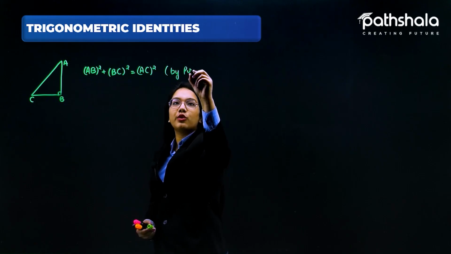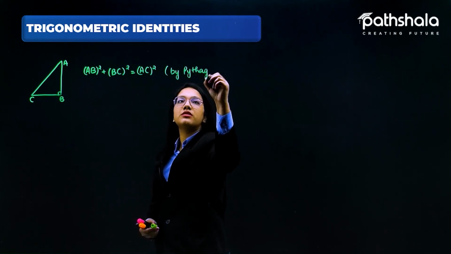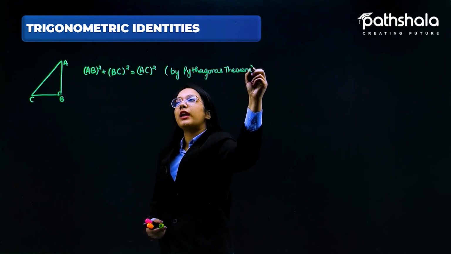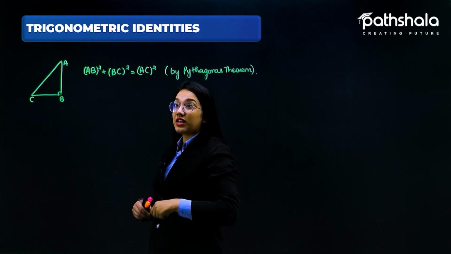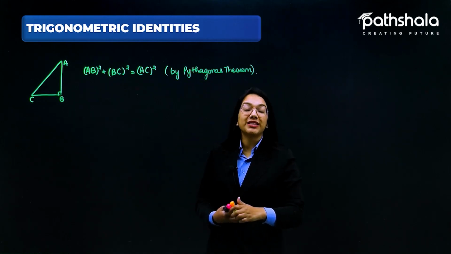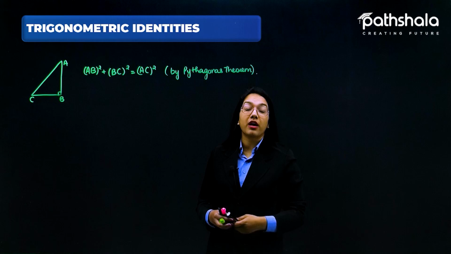By the Pythagoras theorem, AB square plus BC square is equal to AC square. Now I am going to deduce the basic trigonometric identities from here.